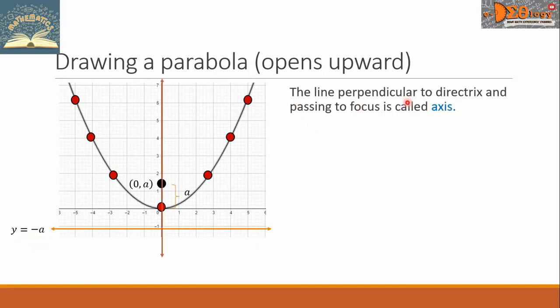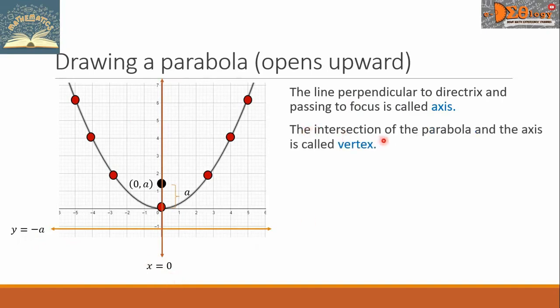The line perpendicular to the directrix and passing through the focus is called the axis. This is the axis. In this example, the axis is the y-axis itself, so the equation of the axis is x equals 0.